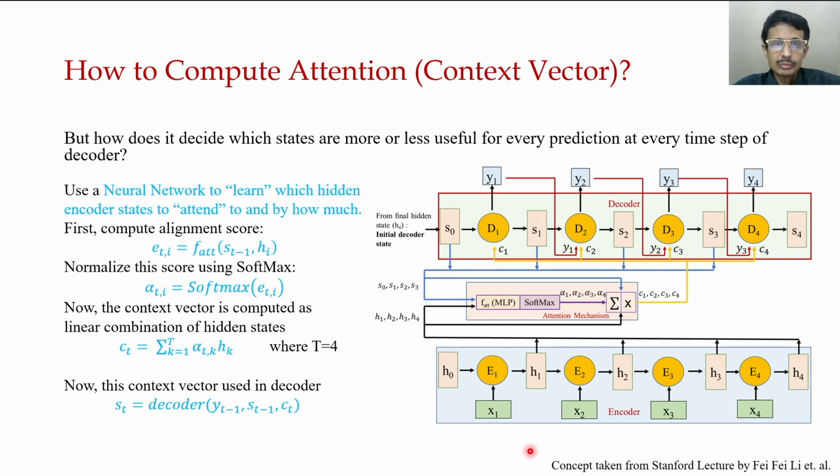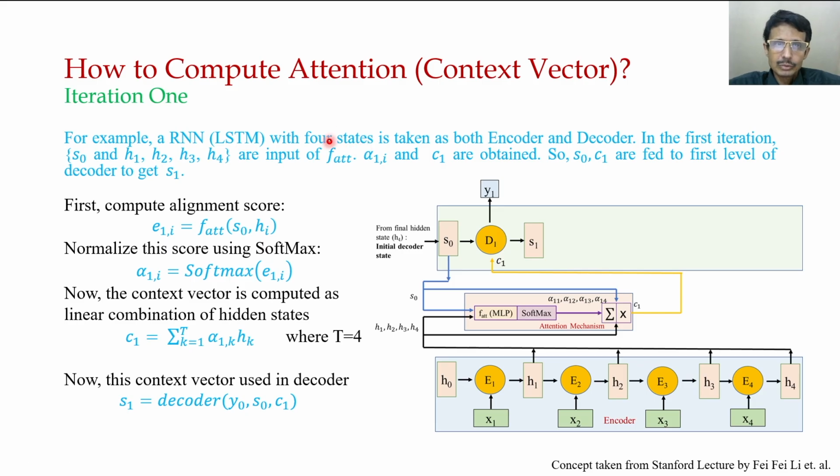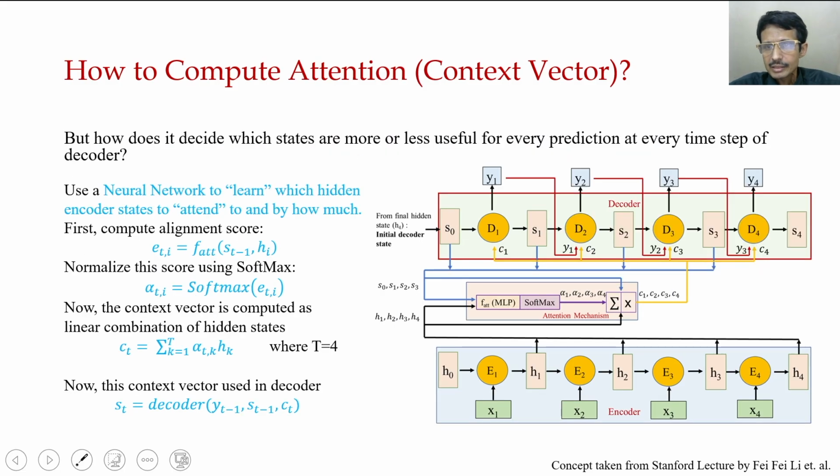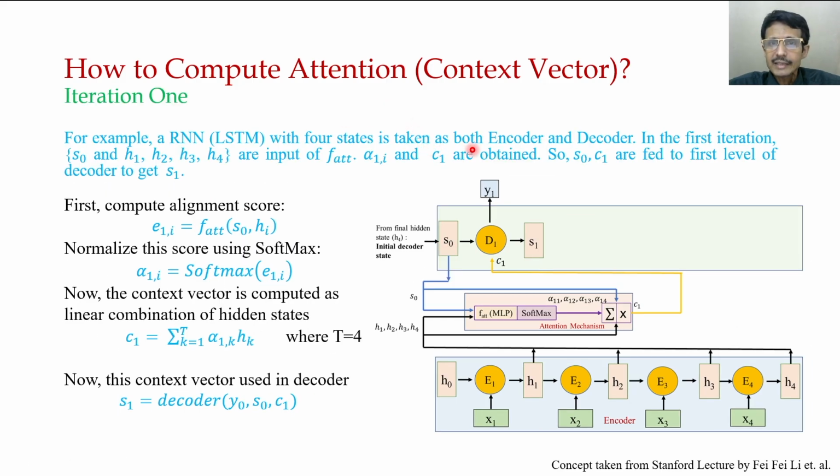Okay, now start with the first iteration. In the first iteration, what is the assumption? The RNN, LSTM or whatever has a hidden state, and it is taken in both the encoder and the decoder. In the first iteration for this decoder, S0 is coming, and H1, H2, H3, H4 are the hidden states input to F attention.